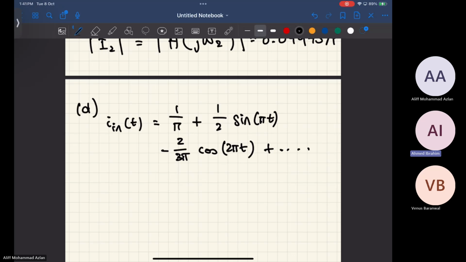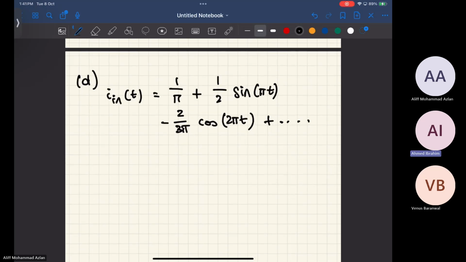Sometimes the question might give you some information that you don't require, to confuse you. It's asking to determine the value of the DC component of the output. Because it's just asking for the DC component, we don't need all the higher harmonics.